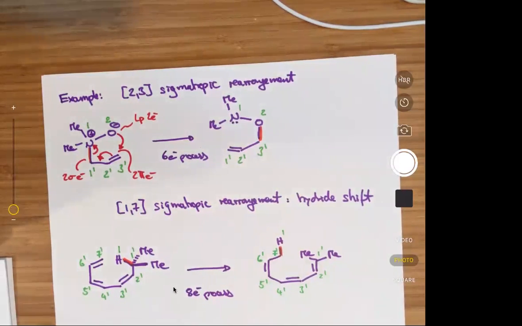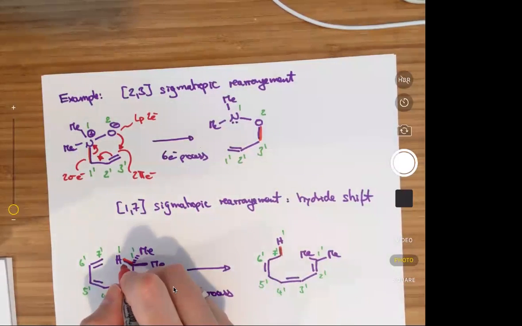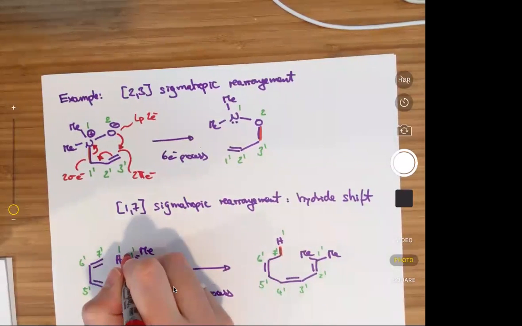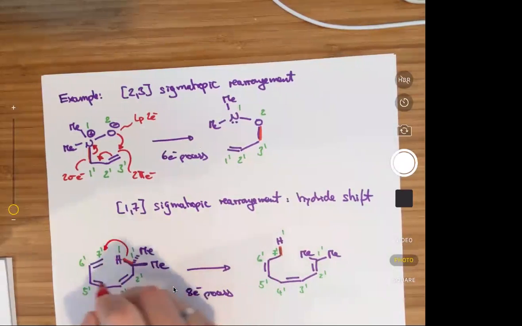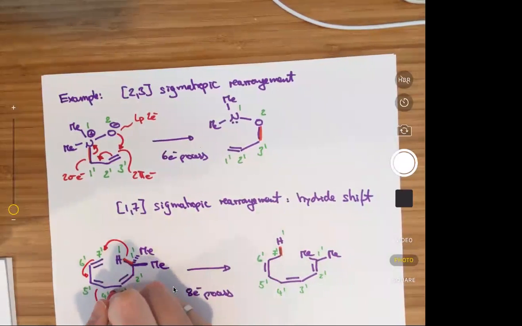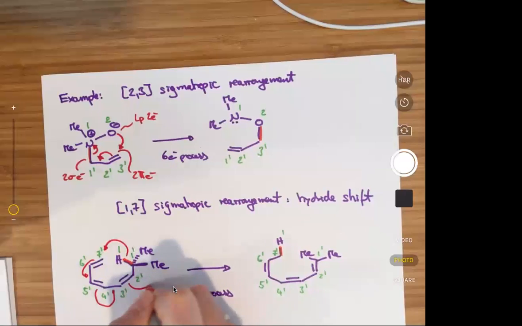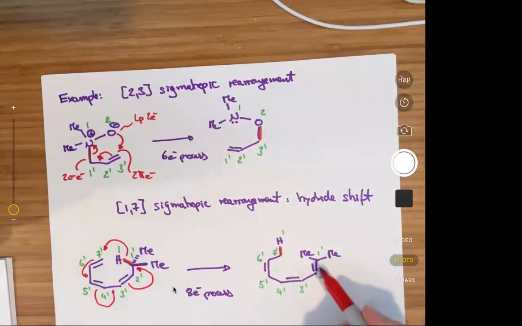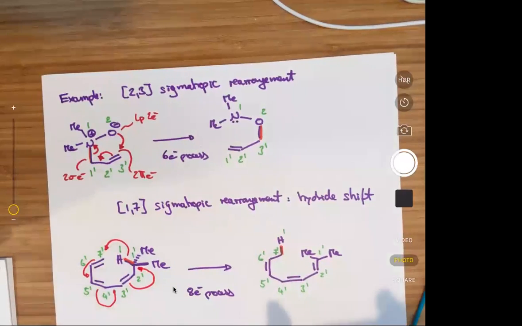And if you wanted to, you could think about pushing electrons around here. Again, this is a cyclic mode. You push them over here with the hydrogen, so that's why it's called a hydride shift. You can take these electrons, move them over here. These electrons, move them over here. And these electrons move in here to form this double bond over here.